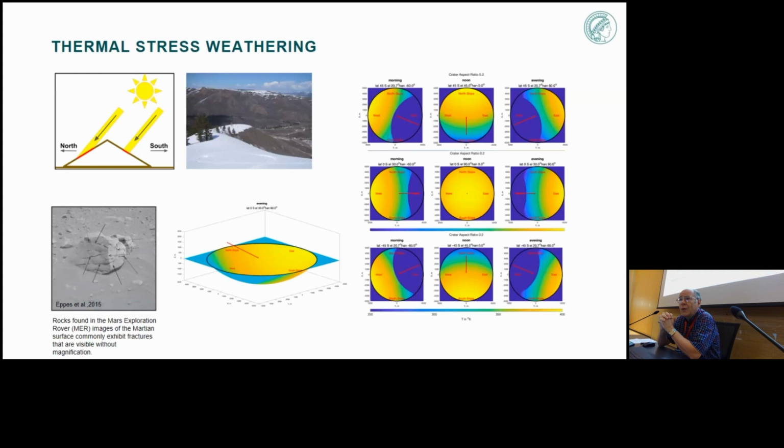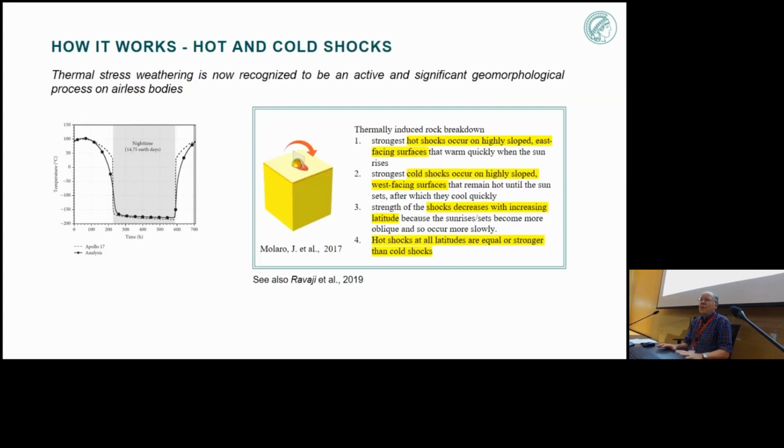And when I now move the illumination over the local hour angle, you see how we have a gradient going from north to south. At the equator, it's homogeneous. In the north, the northern part of the crater obviously has a higher temperature, on the lower, a smaller one, and it's reversed on the southern side. Now, I have no time to go into all the details. This is the situation for the crater walls.